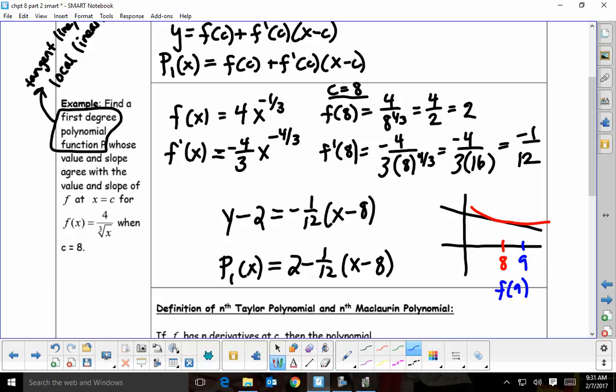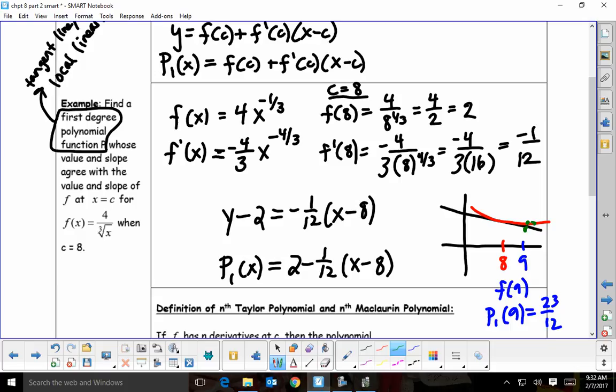No. Well, we could try to approximate that, but we have this approximation right here that I could plug in. So I could plug 9 into this, and I could get my answer pretty quick. What is that, actually? 2 minus 1/12, which would be 23/12. Okay?